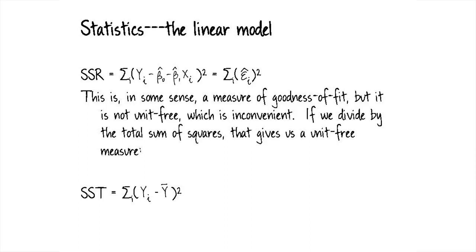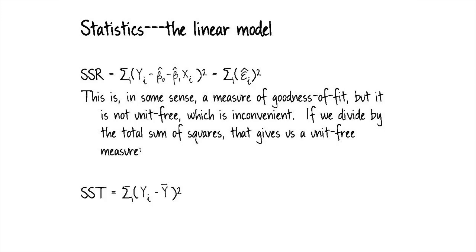And this is, in some sense, a measure of goodness of fit, right? But it's not a very useful measure of goodness of fit because it's not unit-free, which is inconvenient. Let's say we have a data set, and both of the variables are measured in British pounds, and then we translate both of the variables to dollars.